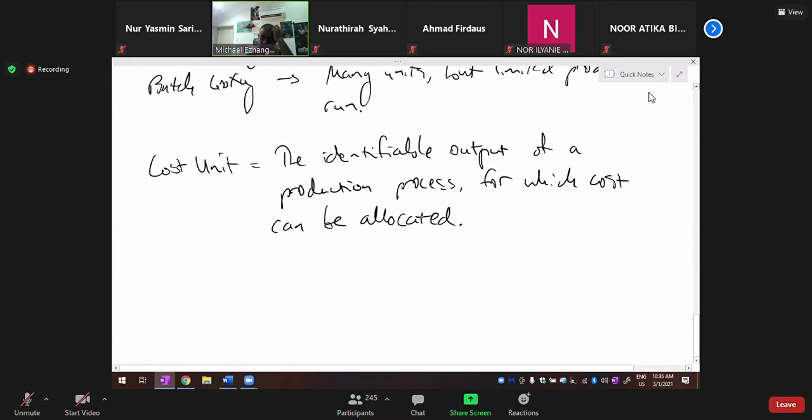All right. Identifiable output of production process for which cost can be allocated. Listen, so cost unit is essentially what is the output coming out. So let me give you an example.